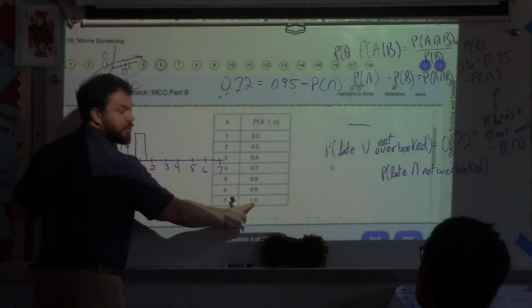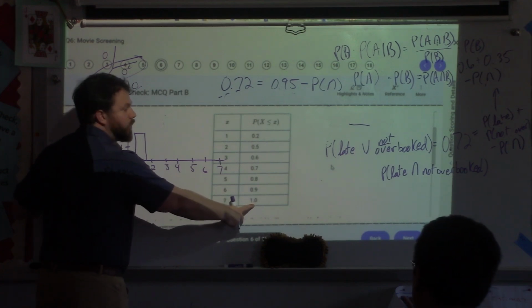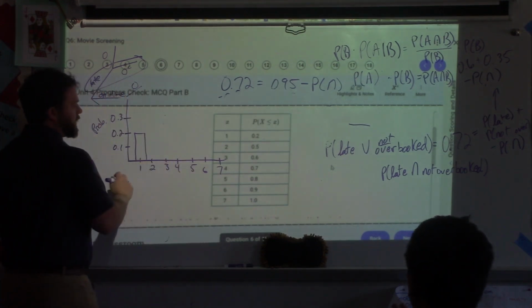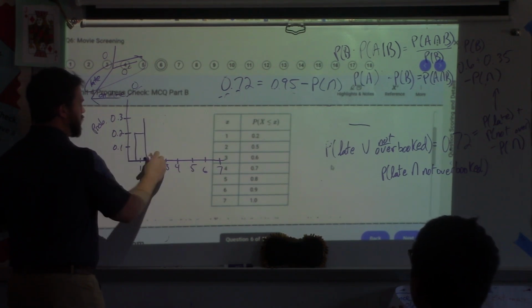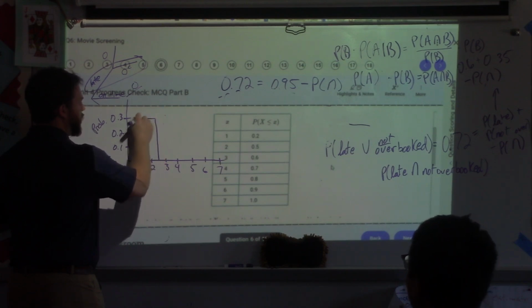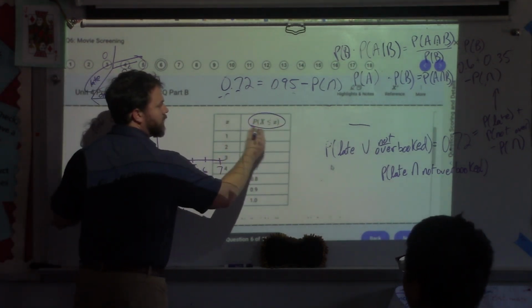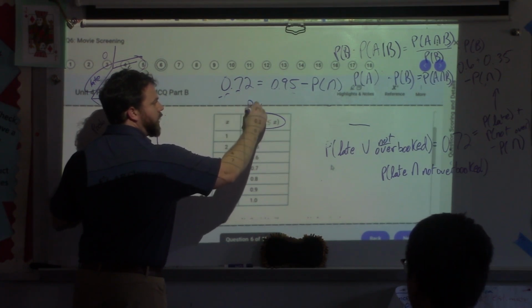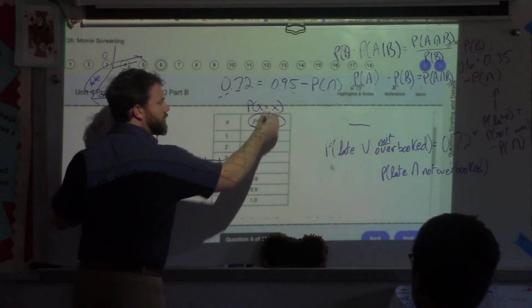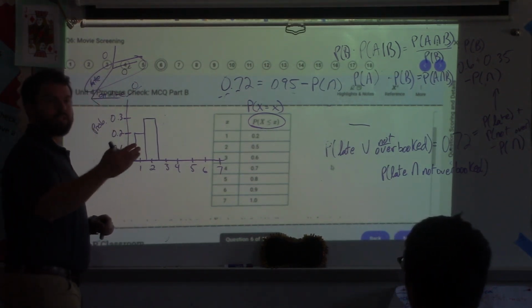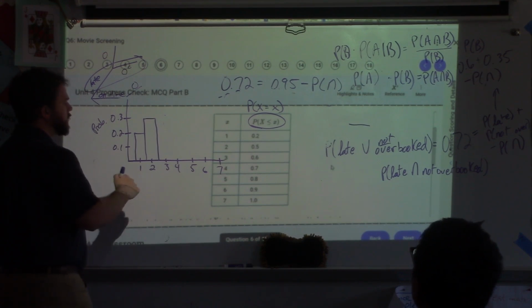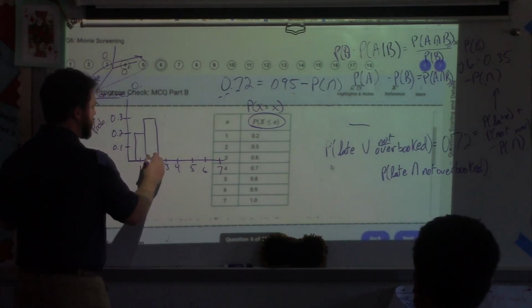I do like that you notice that it's adding up to 1, but it also tells you at the top of that table. Who actually reads that? That might be important. Doesn't it usually say the probability that X equals a value? Yes. So the fact that it says less than or equal to means it's accumulating. Okay, so I'm just separating it out.